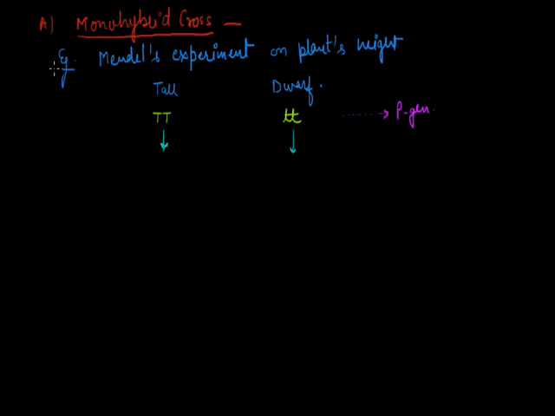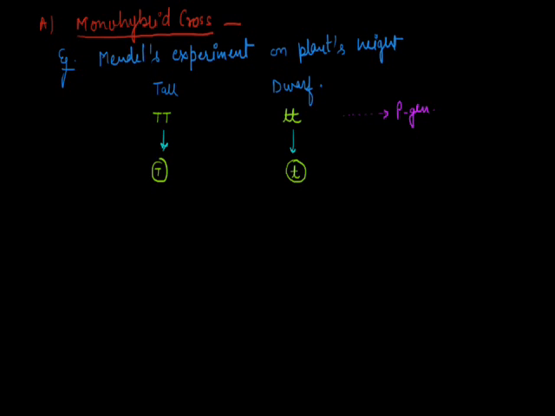Capital T, you can see here. From the capital T parent or dominant parent, we will get capital T gamete. Gametes are always enclosed by a circle. In the case of small t parent, you will get small t kind of gamete.